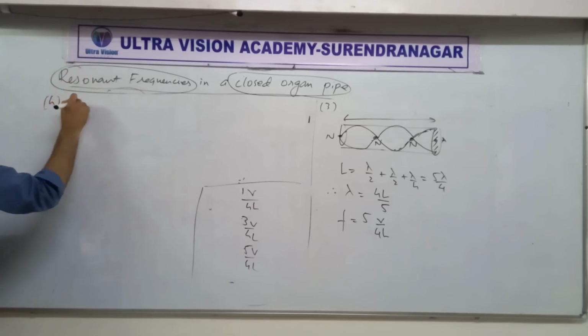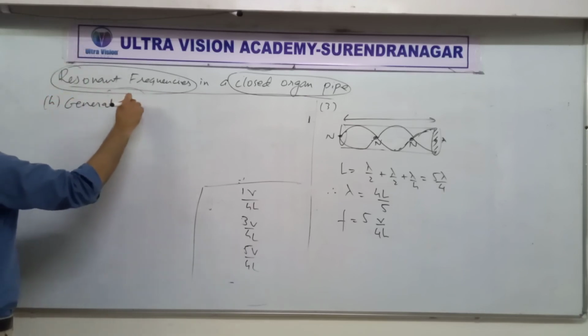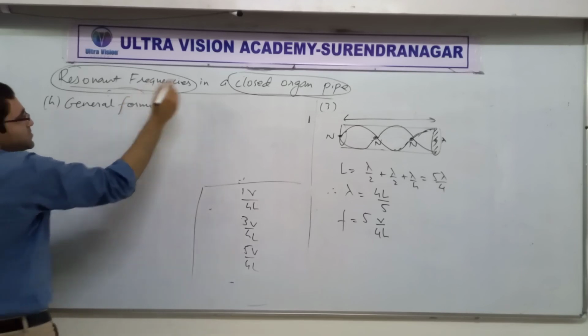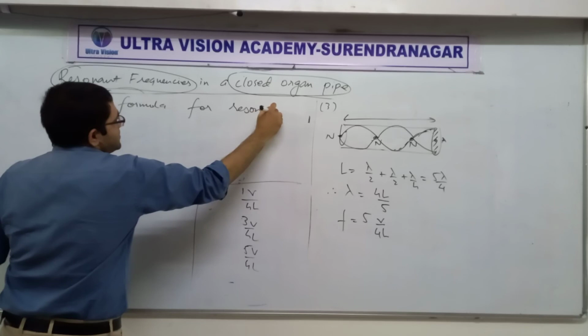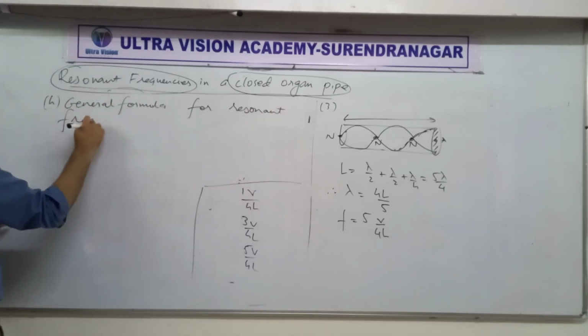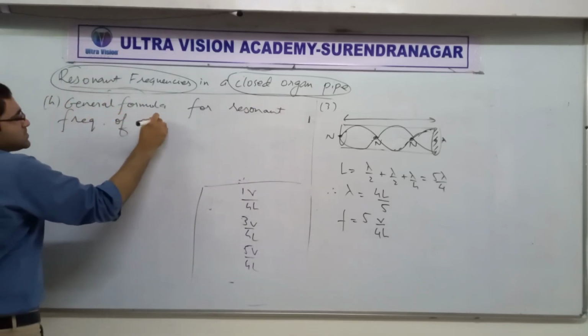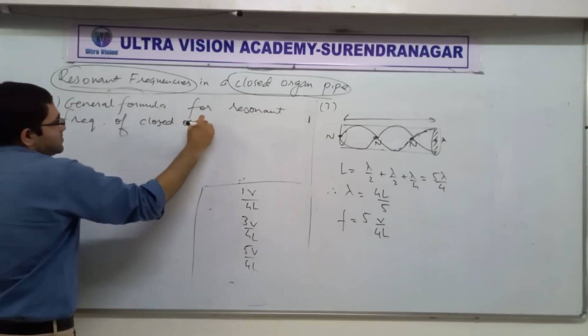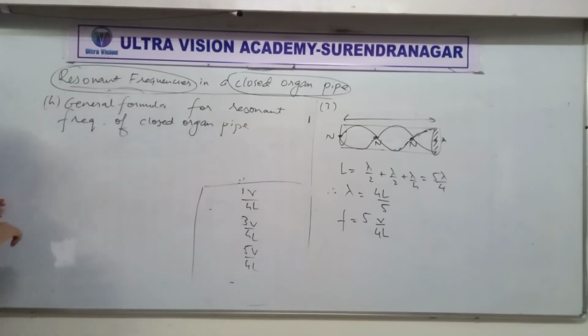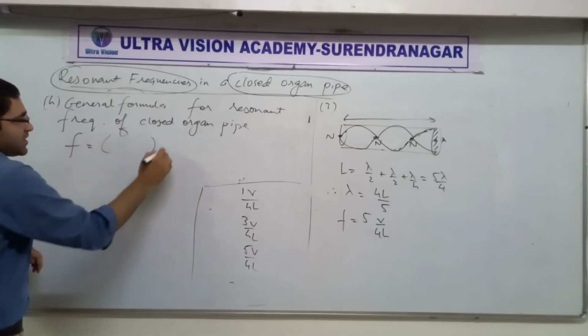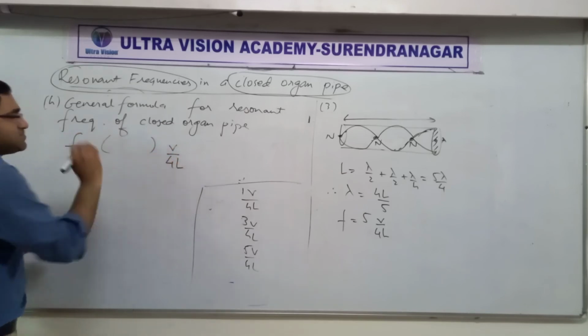Number 4. General formula for resonant frequency of closed organ pipe. F is equal to odd number into V by 4L.